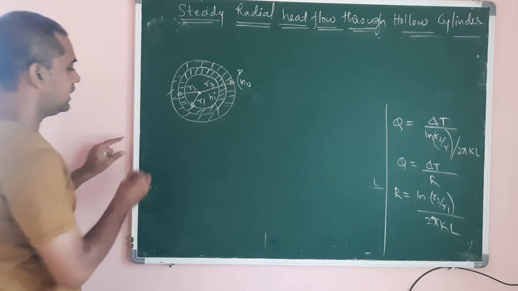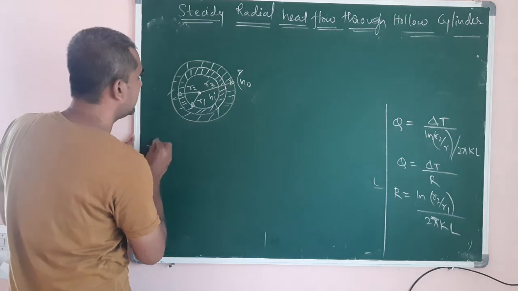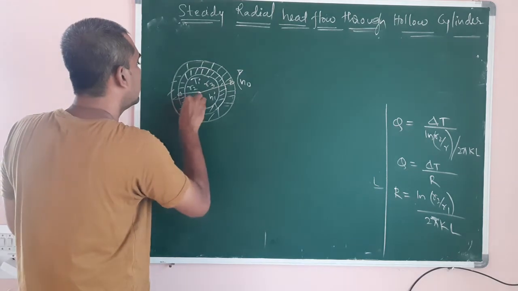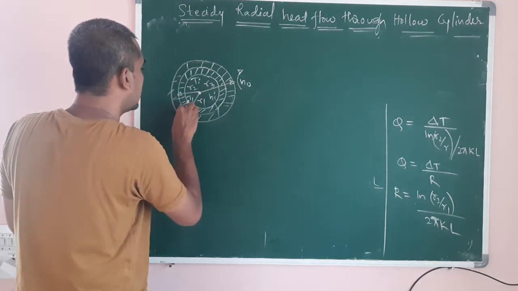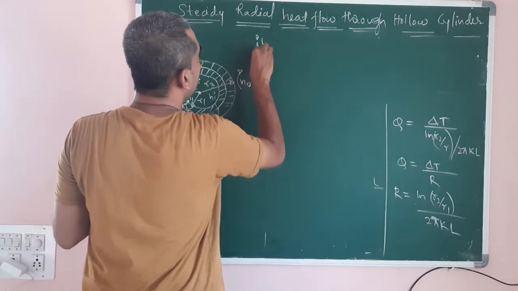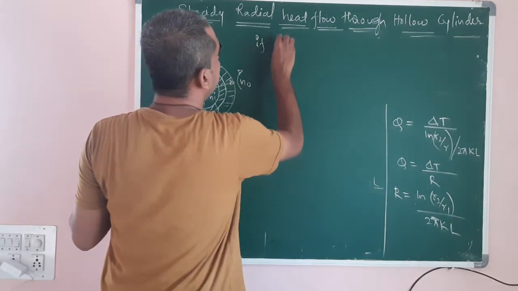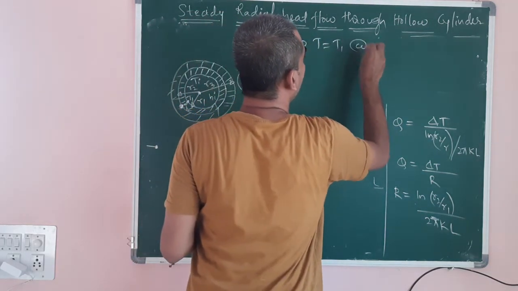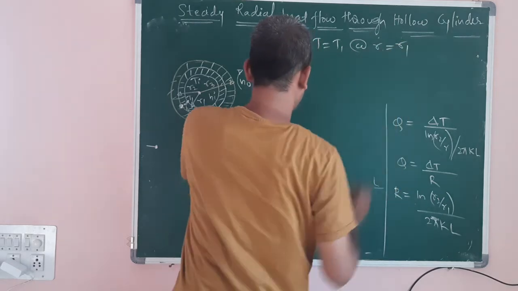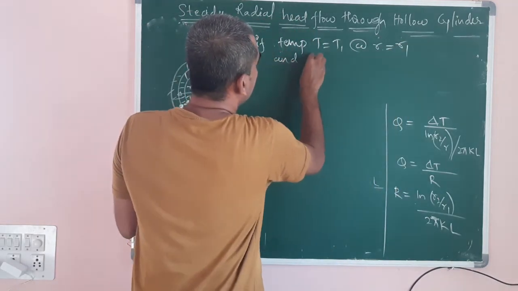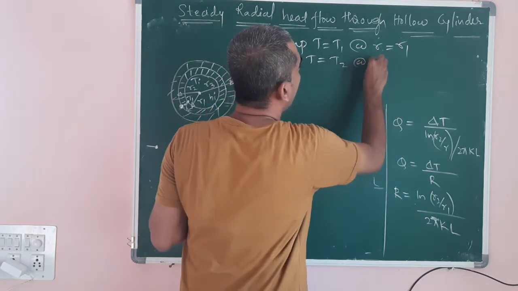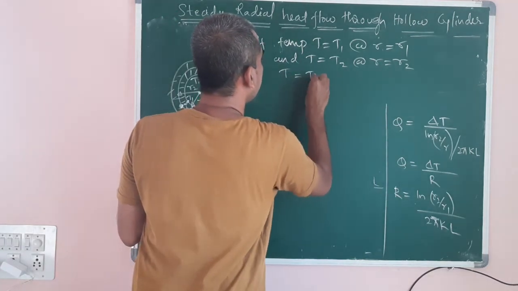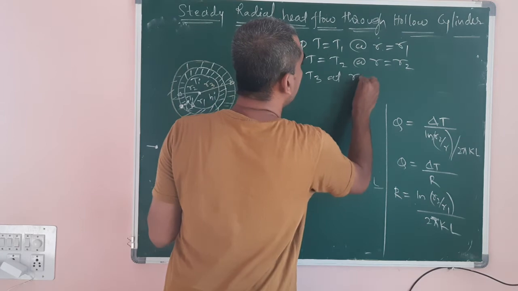convection. If I write its electrical analogy, if Ti is the temperature inside, T1 is the temperature at radius R1, T2 is the temperature at radius R2: T equal to T1 at R equal to R1, T equal to T2 at R equal to R2, and T equal to T3 at R equal to R3.